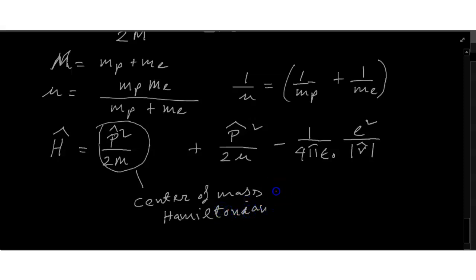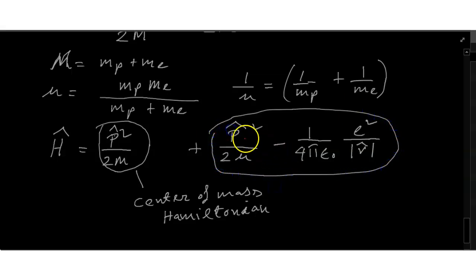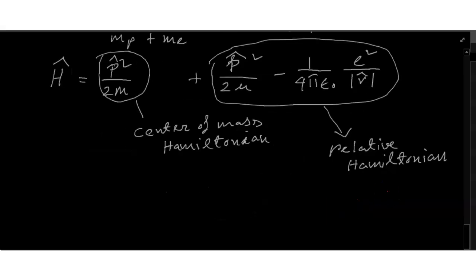This portion, with the small p, is called the relative Hamiltonian. So for the hydrogen atom, the first term depends only on the center of mass coordinate, so we can call it the center of mass Hamiltonian, and the second term depends on the relative coordinates, so we can call it the relative Hamiltonian.